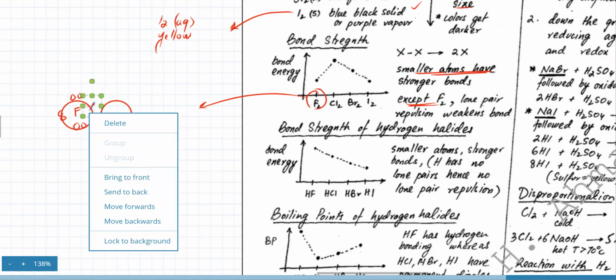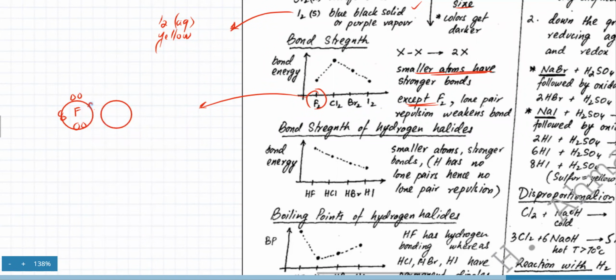and here's another fluorine molecule. And this molecule is going to be attracted to, or forming a covalent bond with, this other fluorine molecule. Now the problem is that fluorine has so many spare electrons that they start repelling each other.